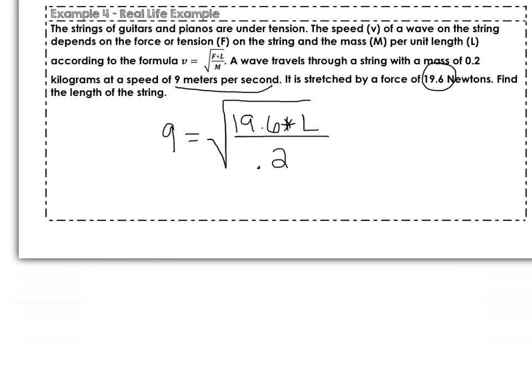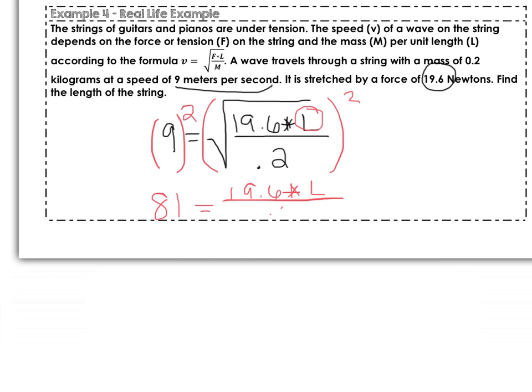All right, so now we need to isolate the variable we're solving for. If we're solving for L, we first are going to need to get rid of this square root, so we're going to square both sides, getting us 81 is equal to 19.6 times length over 0.2.